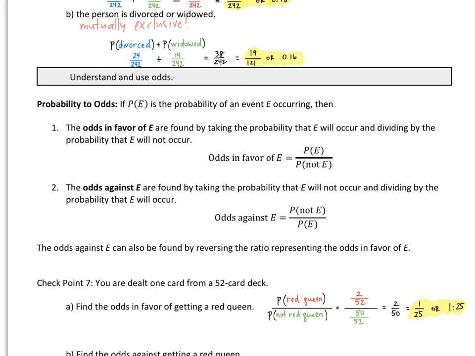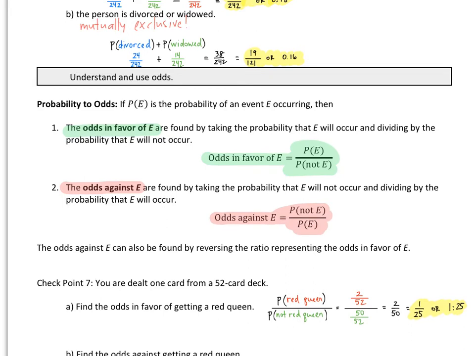The odds in favor of E are found by taking the probability of E over the probability of the complement of E, or the probability that E will not occur. Then we can look at the odds against. The odds against some event E occurring is just going to be the reciprocal, so the odds against are going to be P of not E over P of E.